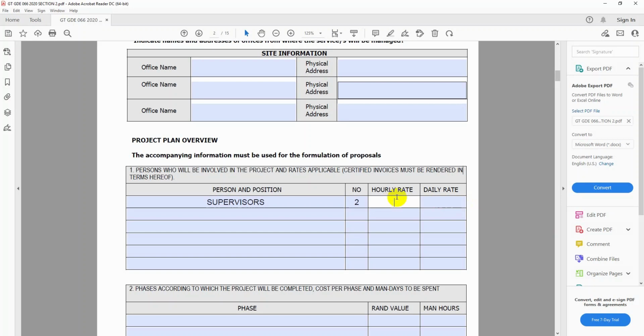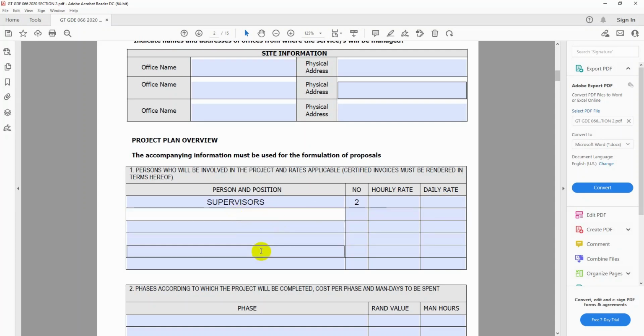So you'll just count how much is the hourly rate. If you pay them, let's say 10 rand per hour, and per day they work maybe 8 hours, so it will be 10 rand times the 8 hours, then you get the daily rate.